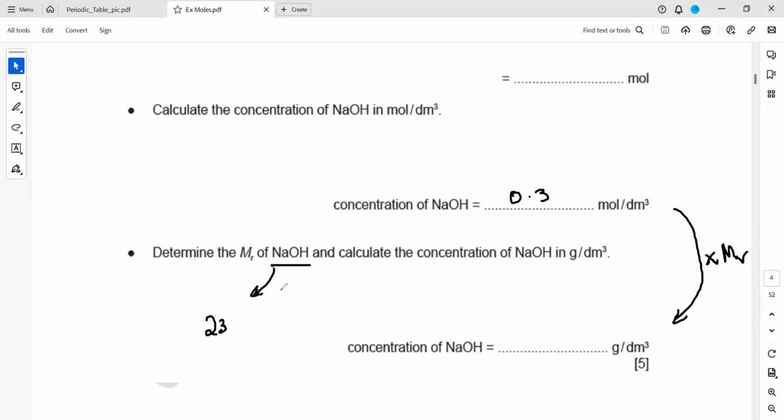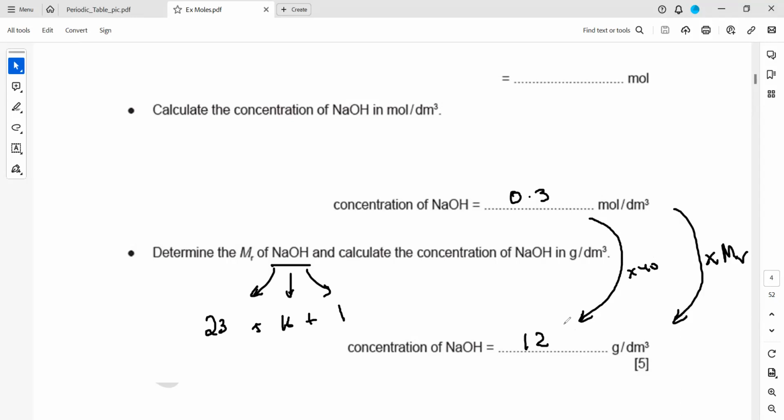Sodium is 23, oxygen is 16, and hydrogen is 1. So 23 plus 16 is 39, and 39 plus 1 makes 40. So we have to multiply 0.3 by 40, and I will get 12. So we'll get 12 grams per dm cube, the concentration of sodium hydroxide.